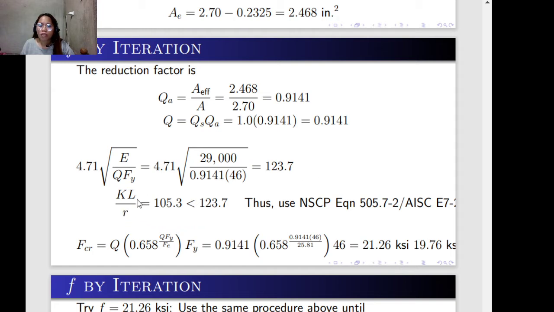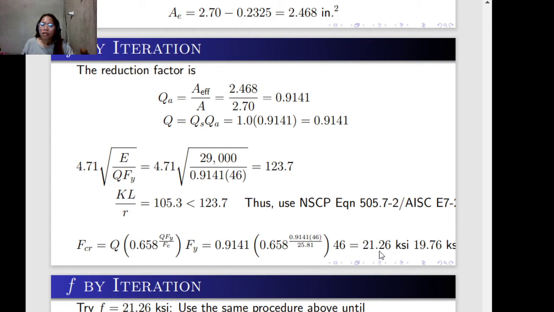the value is 123.7. The KL over R, which we solved in the other video, is 105.3, which is less than that. So, since it is less than, use NSCP equation 505.7-2 or AISC E7-2, the formula for critical buckling strength, using the value of Q. FE, the Euler's strength, we computed as 25.81.